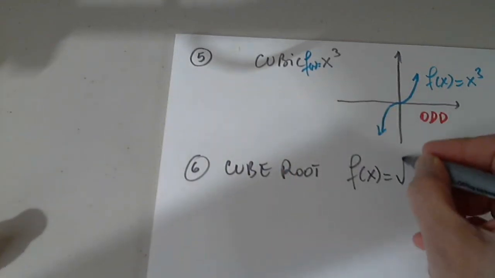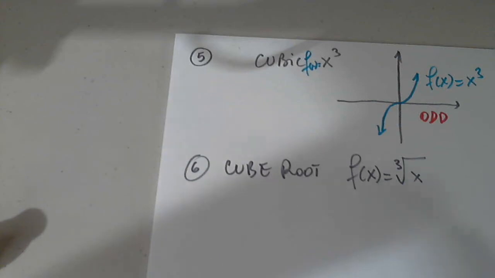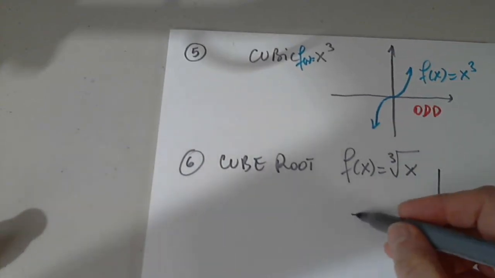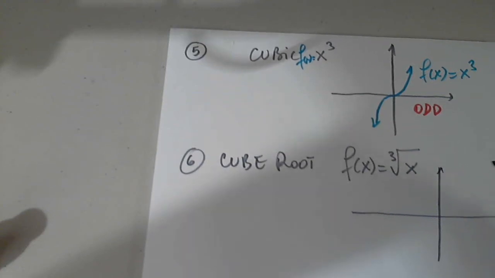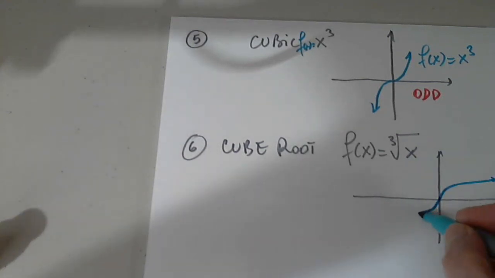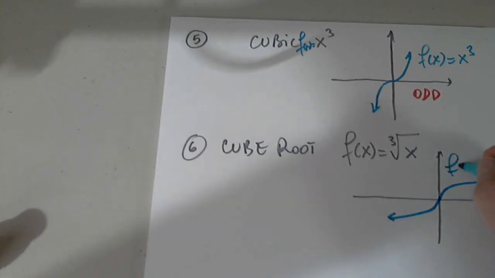The simplest one is this. No transformations, just plain simple cube root. We like this one. It doesn't have restrictions. I can plug in anything. So this is f of x equals the cube root.